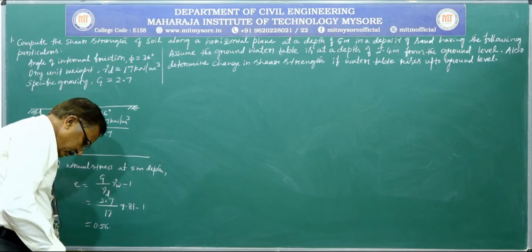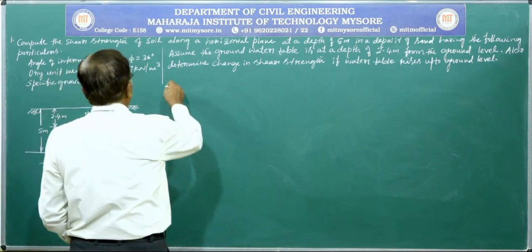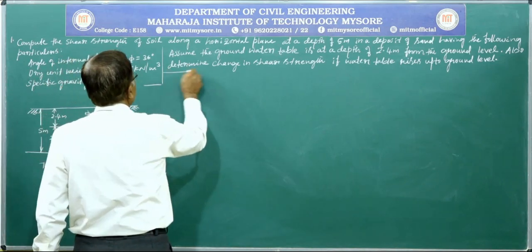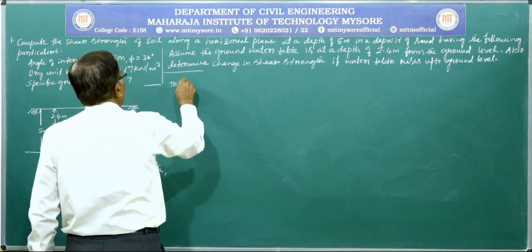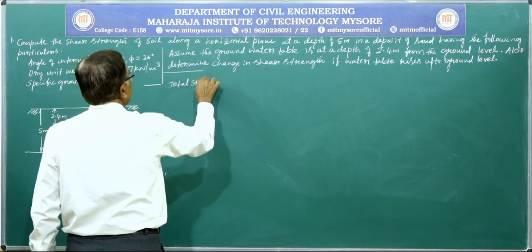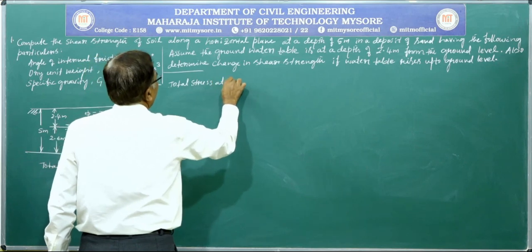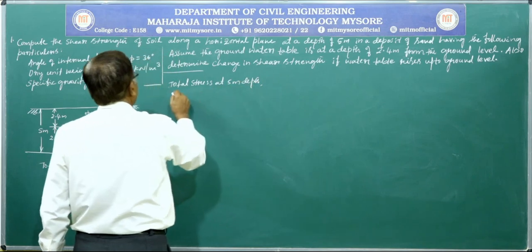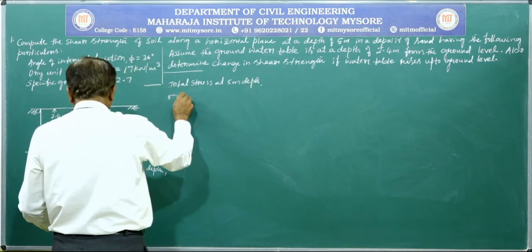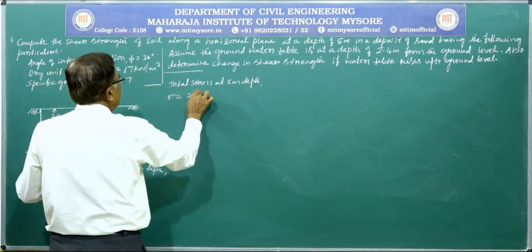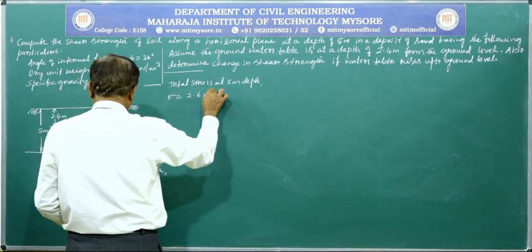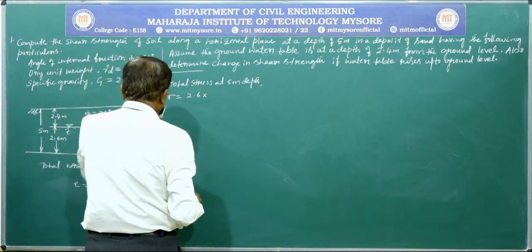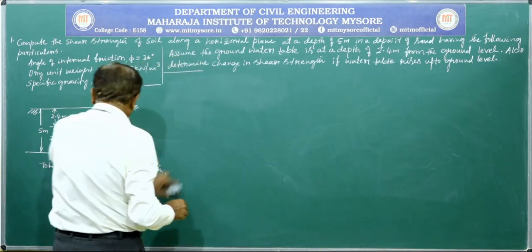Next, total normal stress or total stress at 5 meter depth, sigma is equal to 2.6 into, before that you need to calculate saturated unit weight.